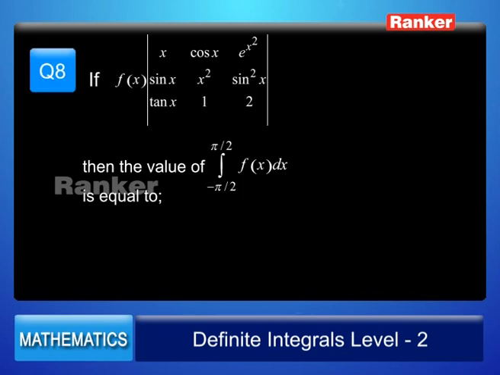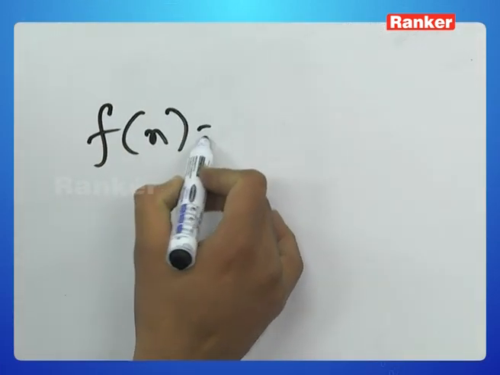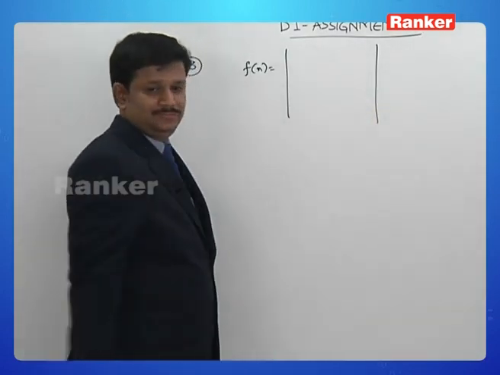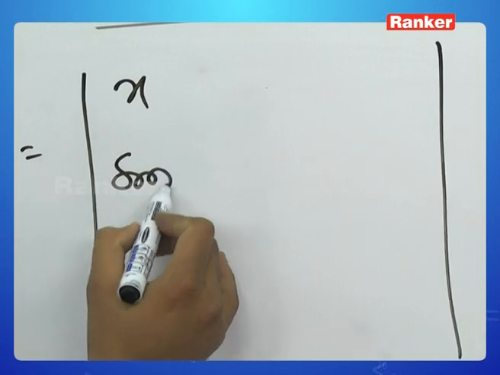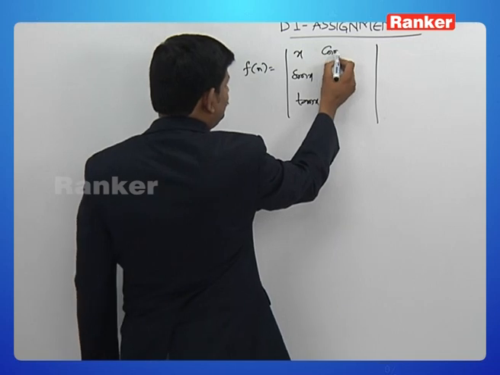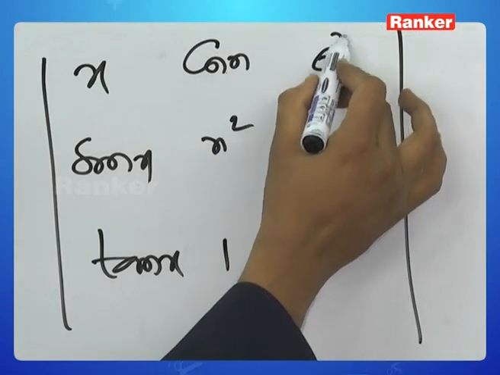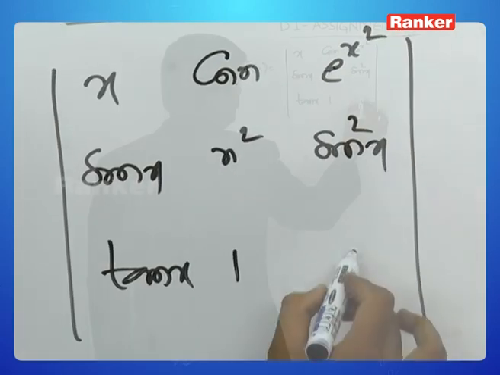Next question: if f of x is equal to the determinant of x, cos x, e power x square; sin x, x square, sin square x; tan x, 1, 2, then find the value of the integral from minus pi by 2 to pi by 2 of f of x dx. f of x is given to be a 3 by 3 determinant whose first column is x, sin x, tan x, second column is cos x, x square, 1, and third column is e power x square, sin square x, and 2.